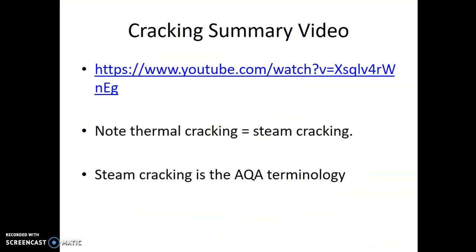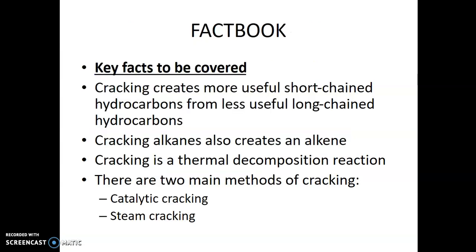Now there's a little summary video there. Just as a point, when you're watching the video, they will talk about thermal cracking. That's the same as steam cracking. But steam cracking is the terminology, the example that we'll use. So there's the key facts. Cracking creates more useful short-chain hydrocarbons from less useful long-chain hydrocarbons.